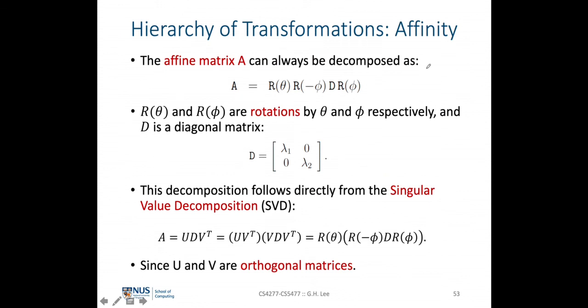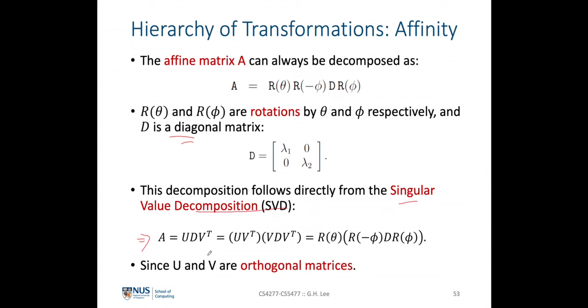We can see that the affine matrix A can always be decomposed into 4 components here, denoted by R theta, R minus phi, and D, as well as R phi over here. In this case, R theta and R phi are rotations by theta and phi respectively, and D is a diagonal matrix. This decomposition actually follows directly from the singular value decomposition, which is given by this guy over here.